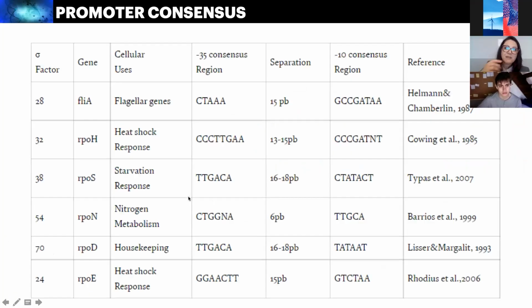Please, Gustavo. Yes. So if we take the main promoter sigma, sigma 70 here, we have the main and general consensus, the TTGACA region, and the Pribnow box region, TATAAT. But if we are talking about sigma 28, we are talking of another consensus region, so another nucleotide content.